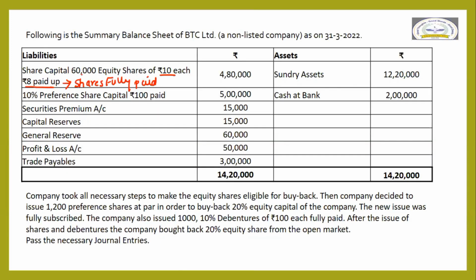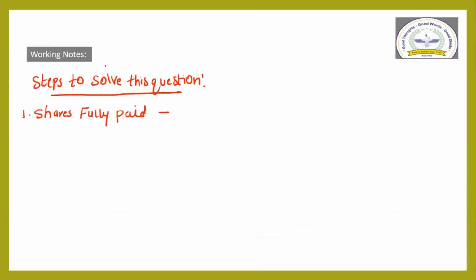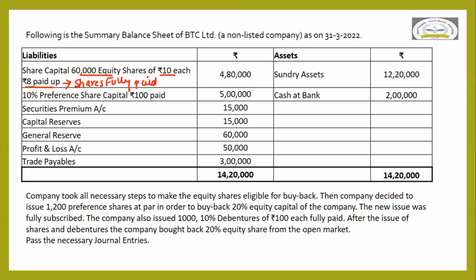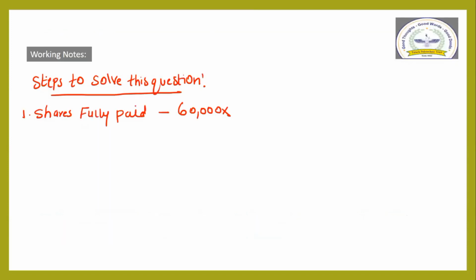See, 60,000 equity shares, right? And we have to make the final call of rupees 2 because 8 is paid up. So we write rupees 2, which means 1,20,000.